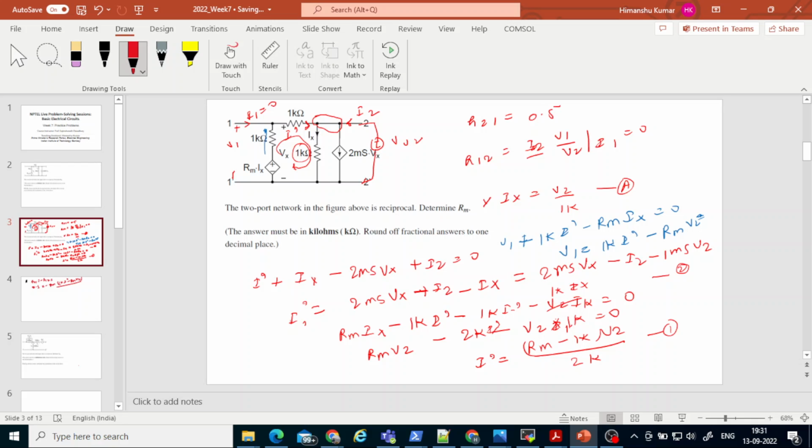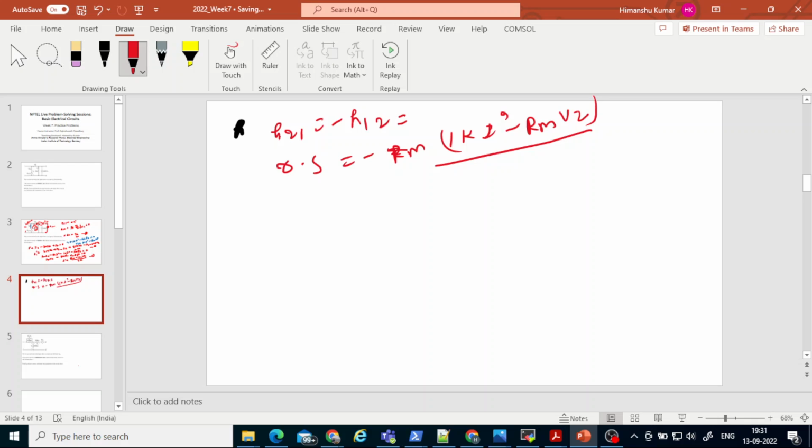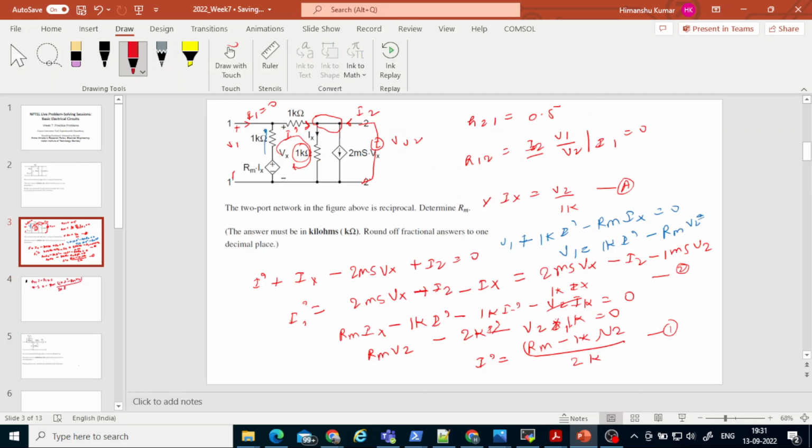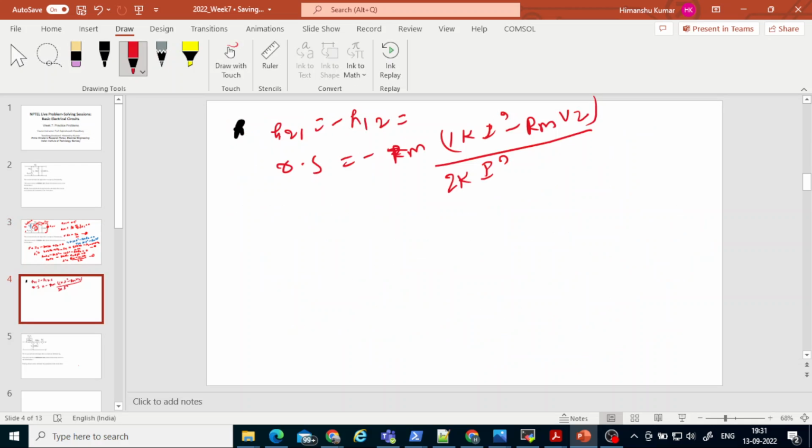So this will be equal to 2k multiplied by I dash, divided by Rm minus 1k.